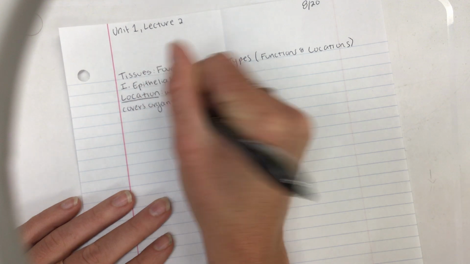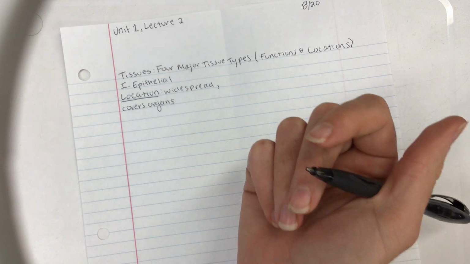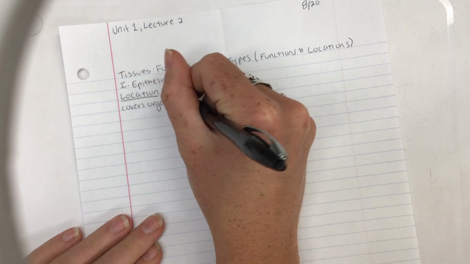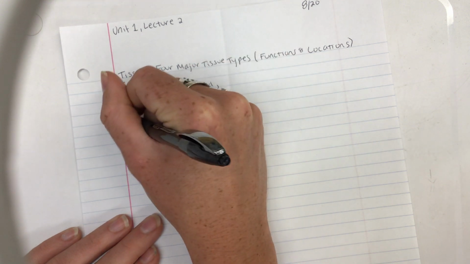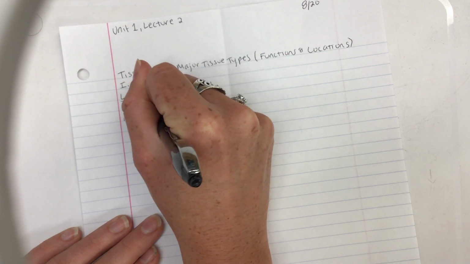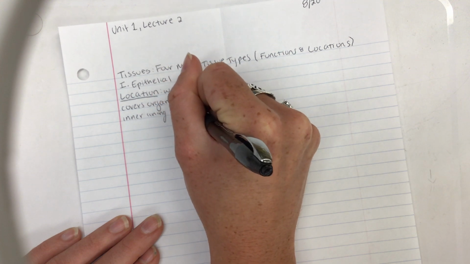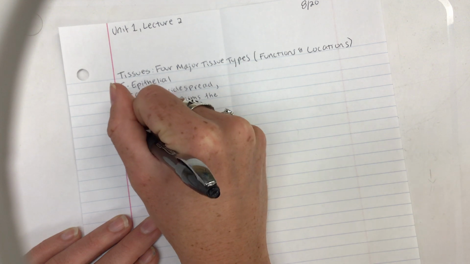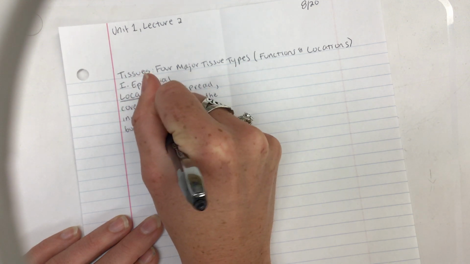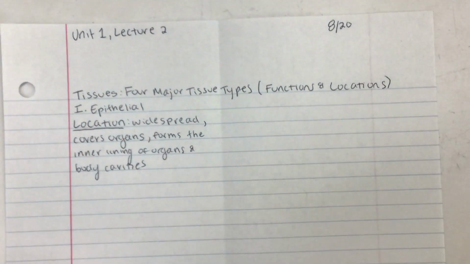So when I say covers organs, it's like surrounding the outside of organs, like the outer layer of them. But it also forms the inner lining of organs too. And not only organs, but body cavities as well. So let's zoom in on that for you all.